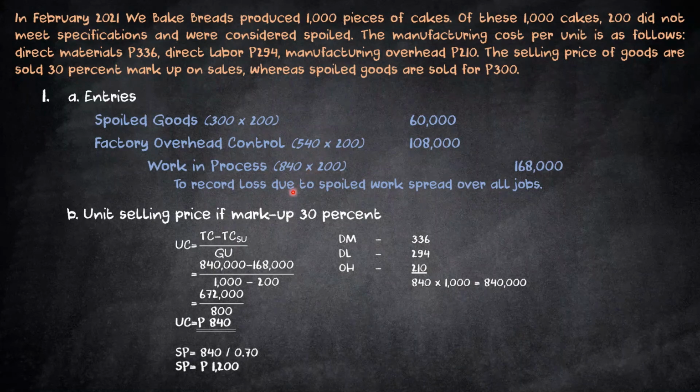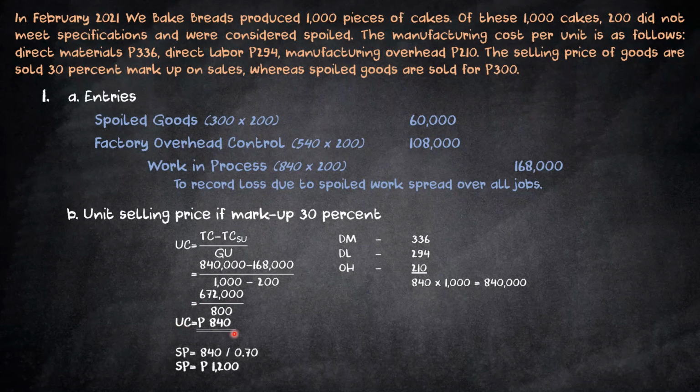So we will be able to get the total cost for the spoiled units. Ngayon, ang good units natin magiging ganito. Di ba 1,000 ang na-produce natin. Siyempre, tatanggalin nga natin sa production yung spoiled, kaya magiging 800 na lang po siya. So, from that, we will get a unit cost of 840.